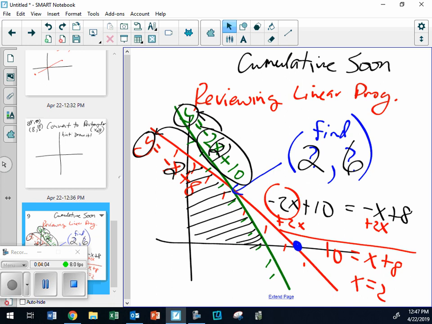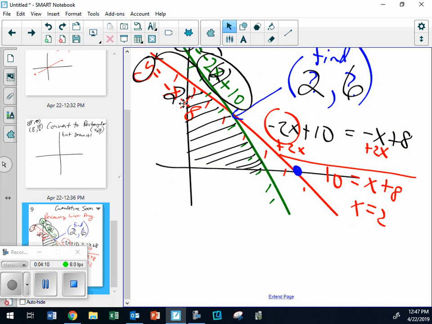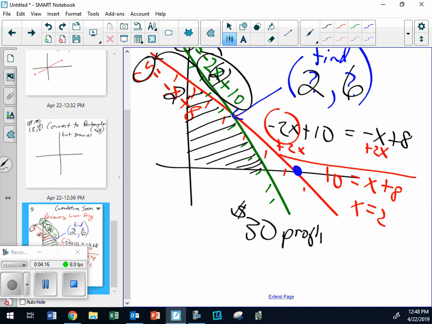Next thought I want to add is if you're doing one of these problems, and then they tell you the profit is going to be, they make $30 profit per x, that means for each x, and let's say they make $40 profit per y.